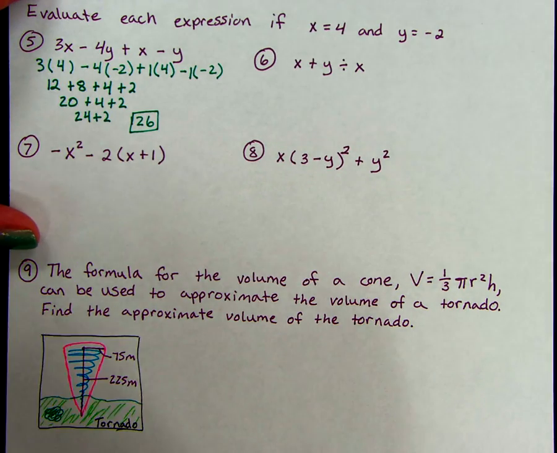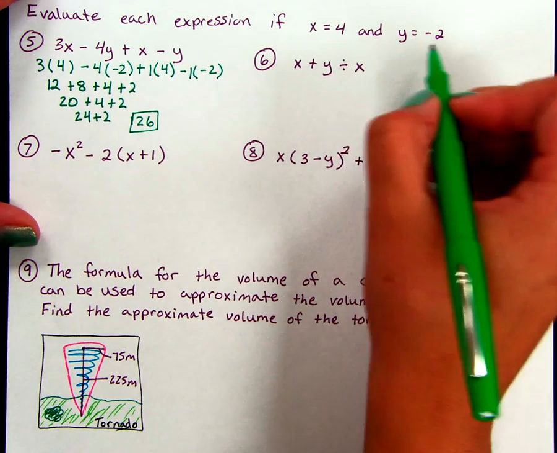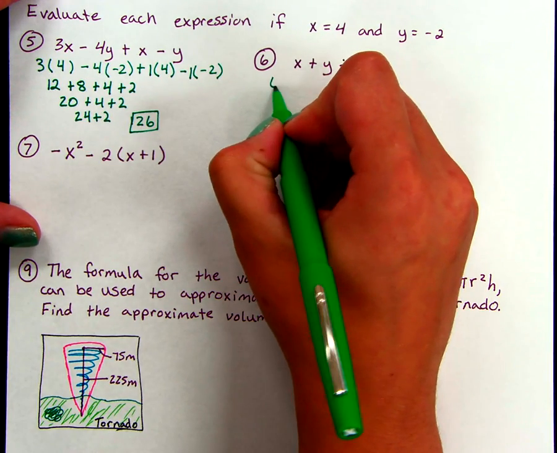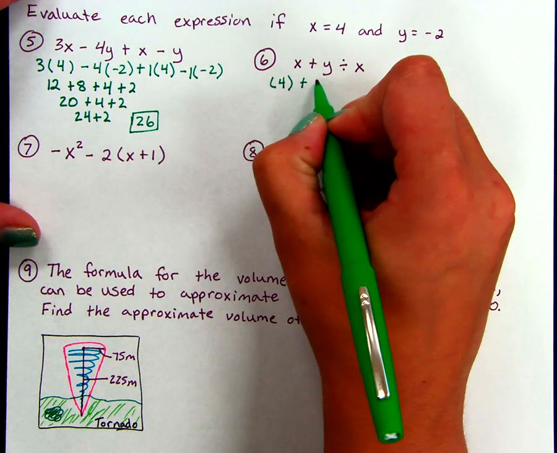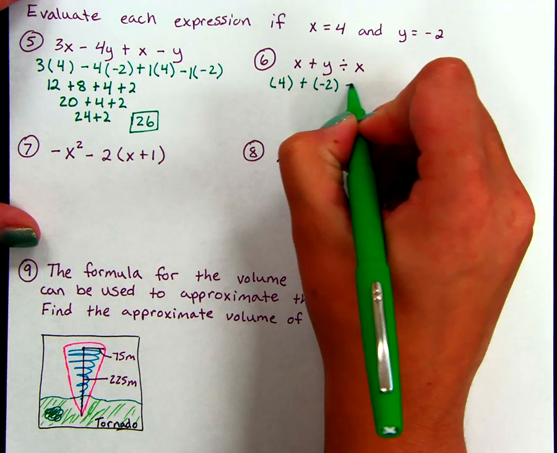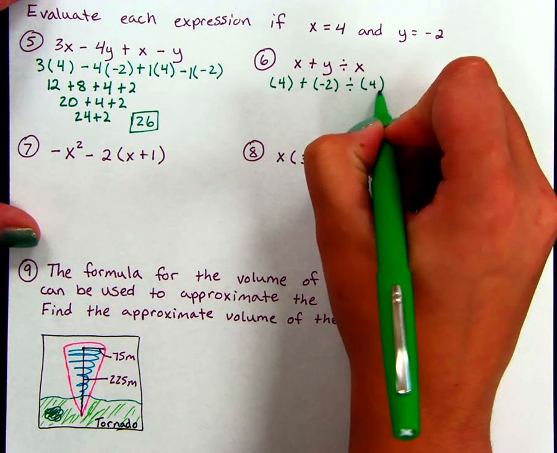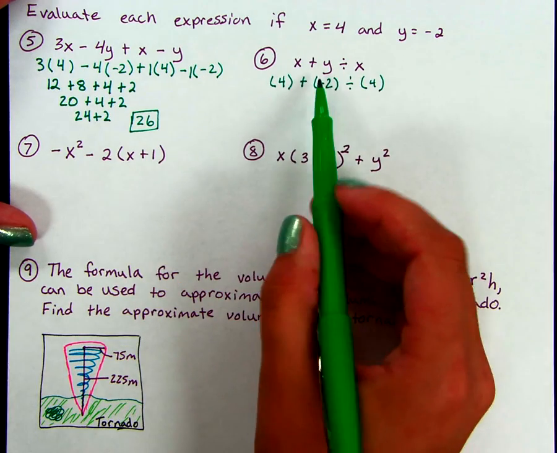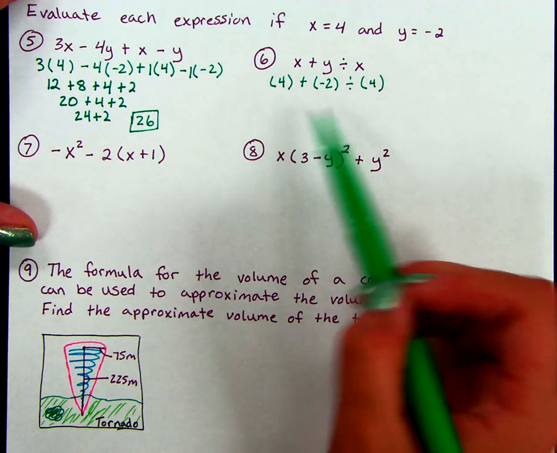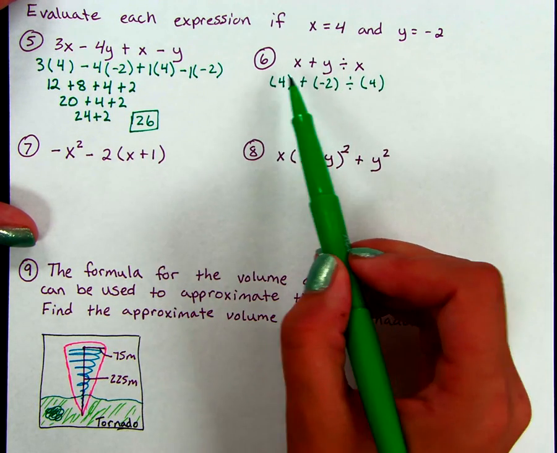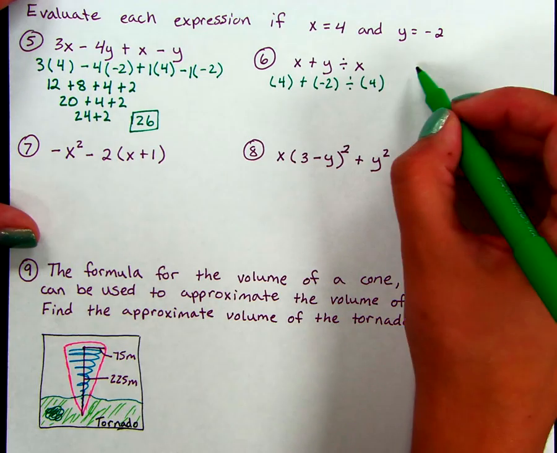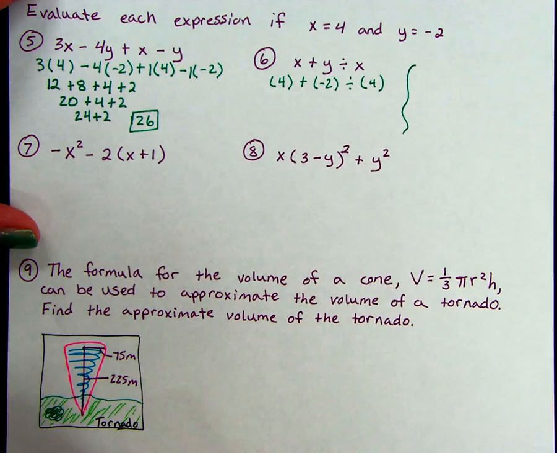So now we're just going to do that same process. So again, substituting, so 4, then -2, and 4. Now really, since there's not a number in front and these don't have any negatives, for this one, as a little side note, it's okay not to use parentheses in this case.